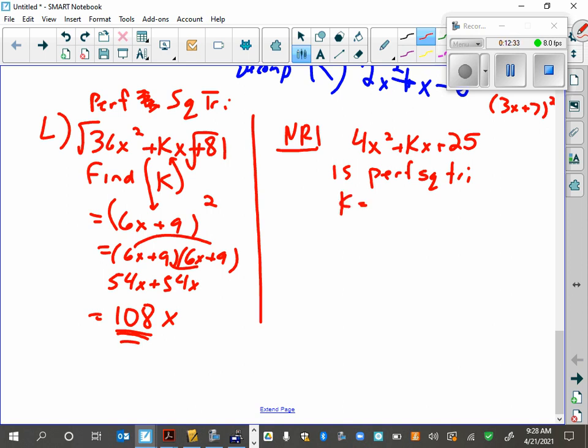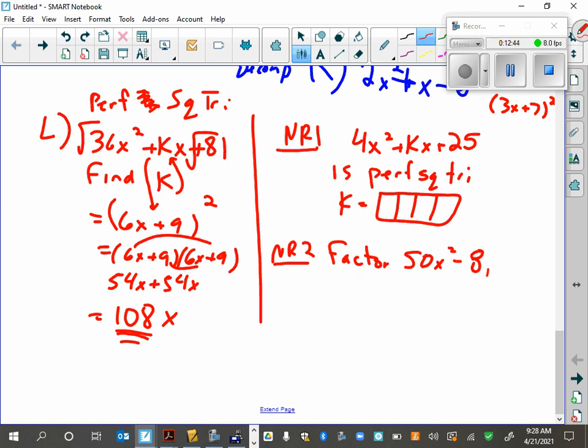What does k equal? Numerical response 2. Factor 50x squared, subtract 8. How many factors? Pause if you haven't got that yet.